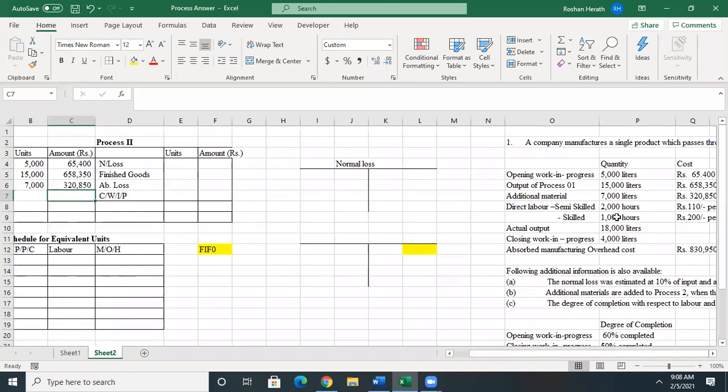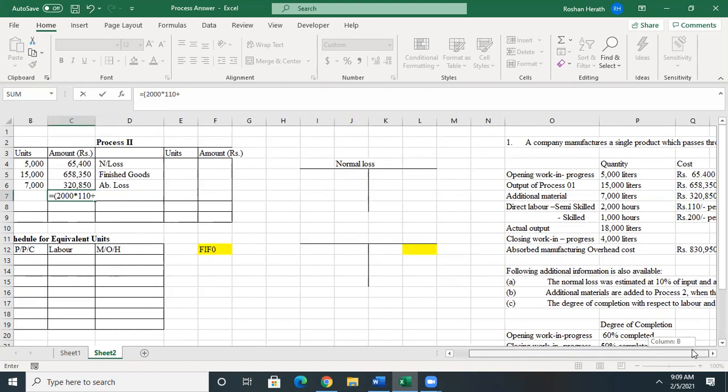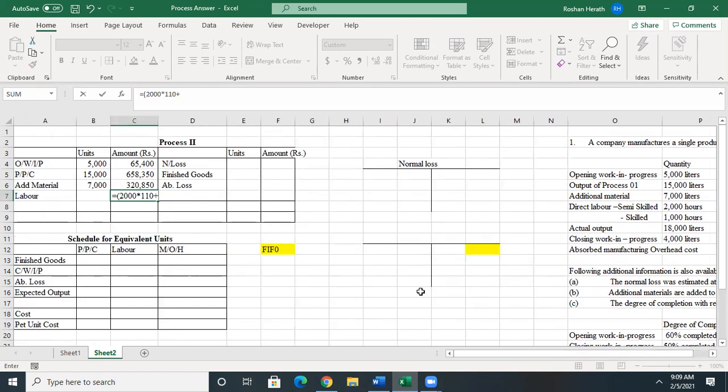What it says regarding the labor, there are two components of labor: 2,000 into 110, the semi-skilled, and the skilled labor 1,000 into 200.